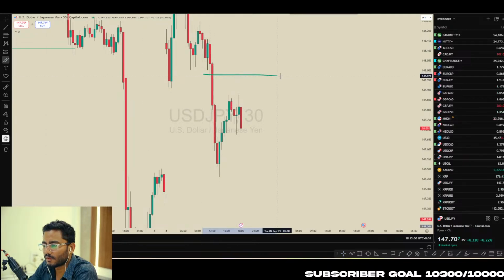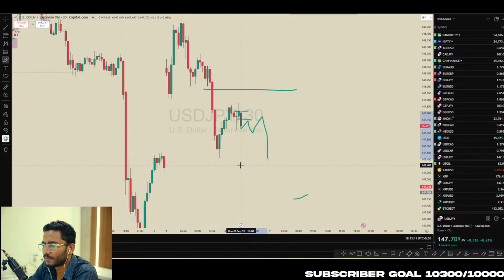Instead of looking for this area for sell or this area, price has already taken out the liquidity here. So you can use this order block to look for sell side entry. The price will take this low out.